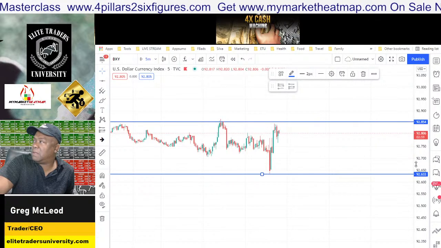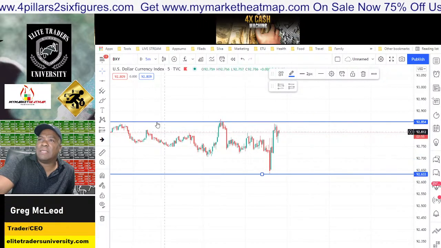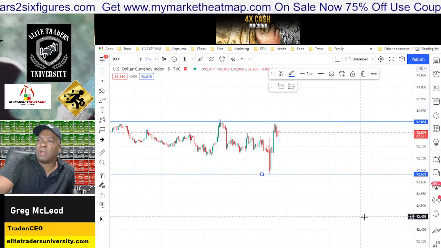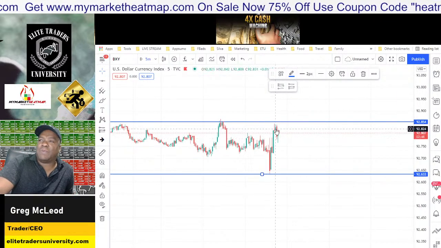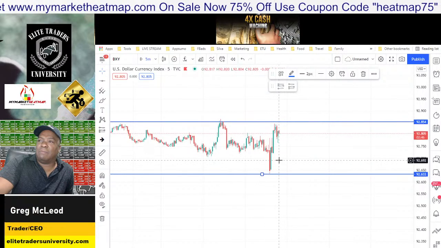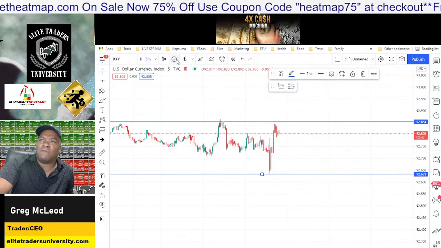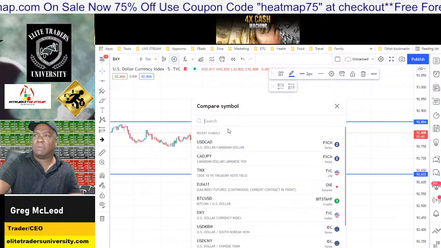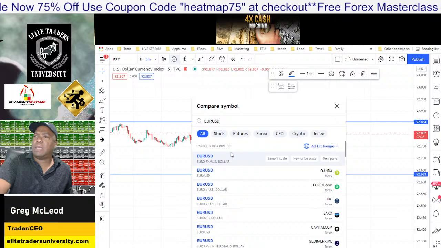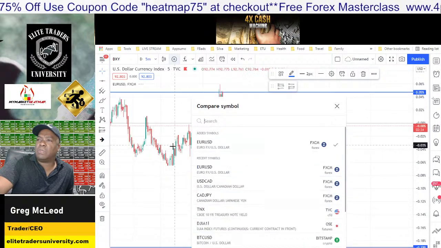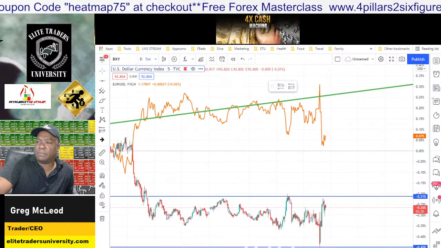And so we're looking at the U.S. dollar index. This is a 5-minute chart of that. It's a basket of currencies versus the U.S. dollar. And you can see that we have that same kind of up and down movement. And this will go in the opposite direction of the euro. In fact, if I can put the euro on here, EURUSD, and we put that on there, we can see that they move in the opposite direction.